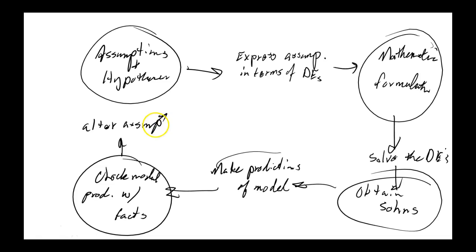Or if it seemed to work okay but not super great, try to refine, increase resolution of the model, and then go back and start over again. Refine the assumptions, alter the assumptions, especially if this didn't work out too well.